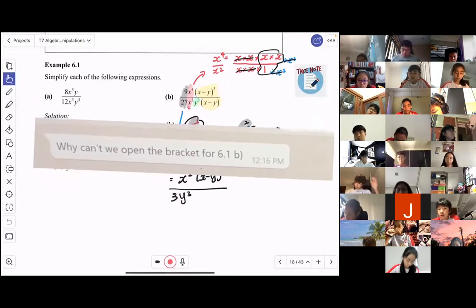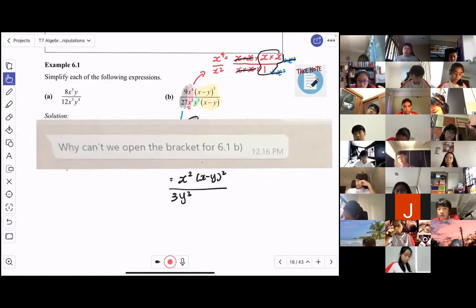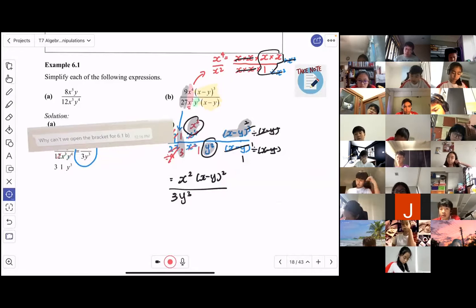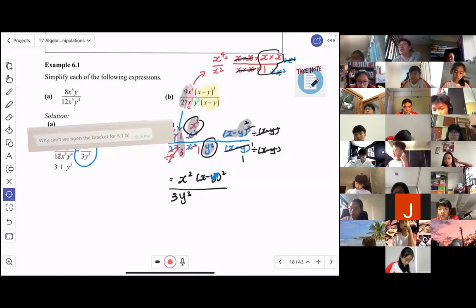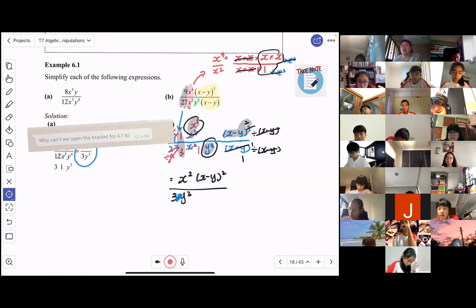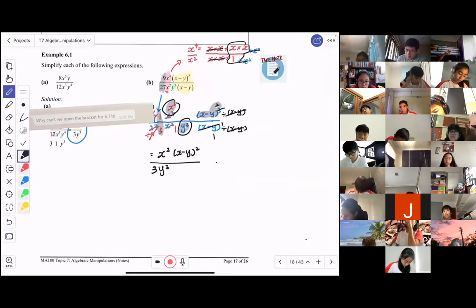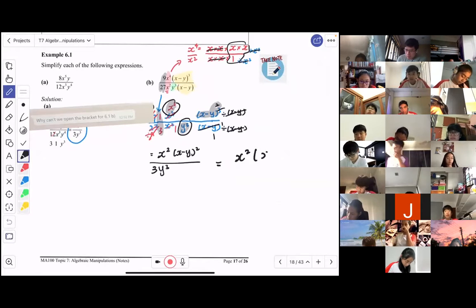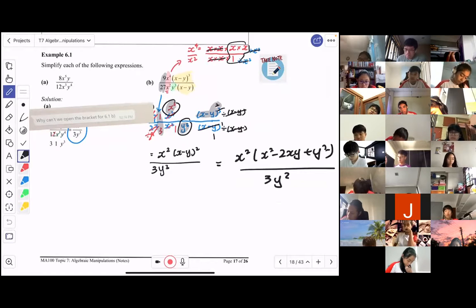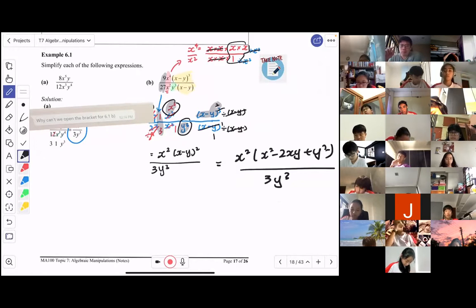So are you saying that your final answer you open this one? Can, but this is the final version, right? You never cancel anything else. Am I right to say that you left your answer as x squared minus 2xy plus y squared? Yeah, I calculated it also.